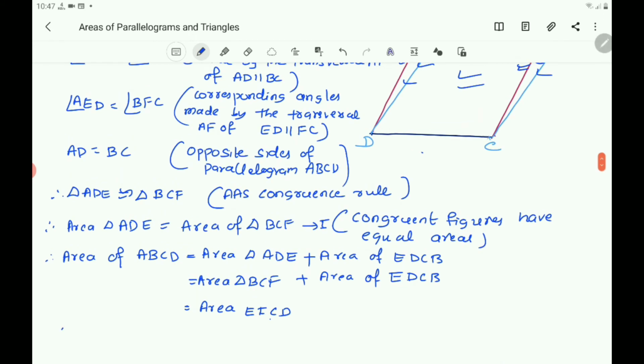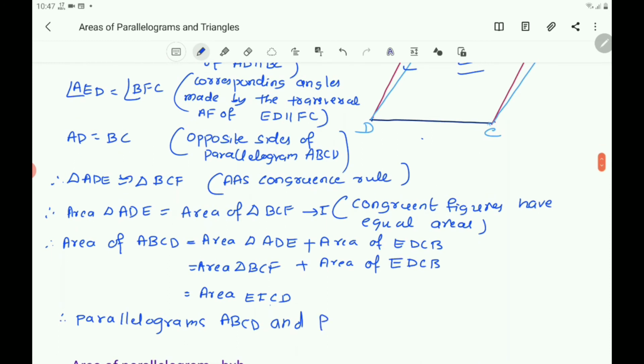Therefore, you write, parallelograms ABCD and EFCD are equal in area.